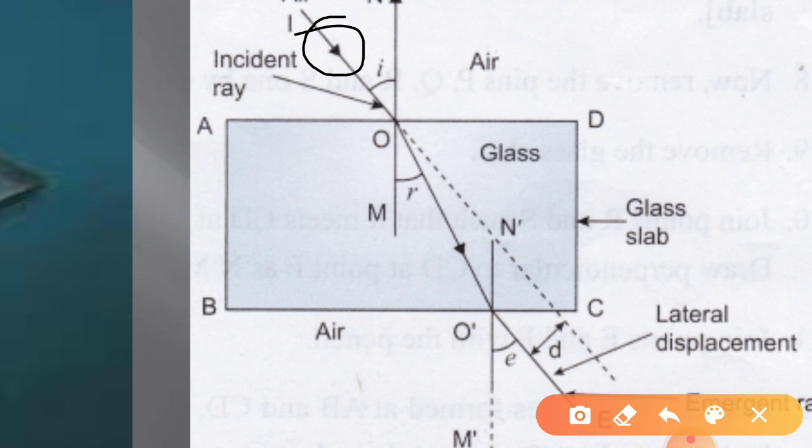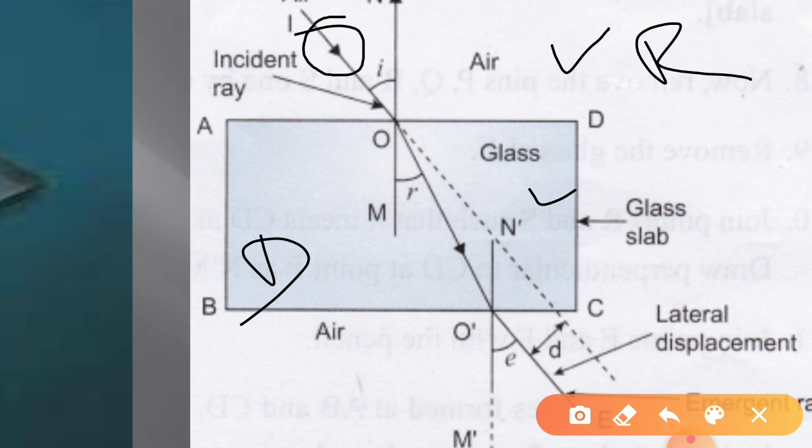Now, as light is passing from air to glass, rarer to denser medium, it bends towards the normal. If it would not have bent, it would have followed the path shown by the dotted lines. But here you can see through this angle it bends towards the normal, and the ray of light traveling in the glass slab is your refracted ray.